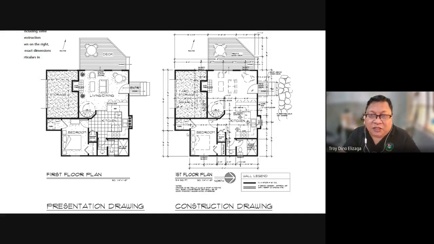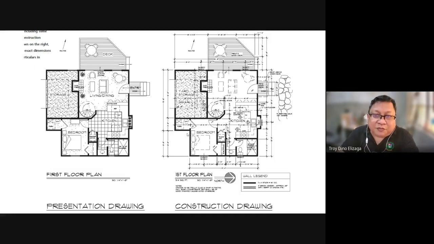So you can see now the difference in the presentation drawing. This is what we call the design development drawing. Everything is there, it's scaled. Although this one is lacking, for example, it would be better if underneath the name of the room is the size of the space. If the living room, for example, is 4 by 4 meters, in which case here they're actually using the English system.